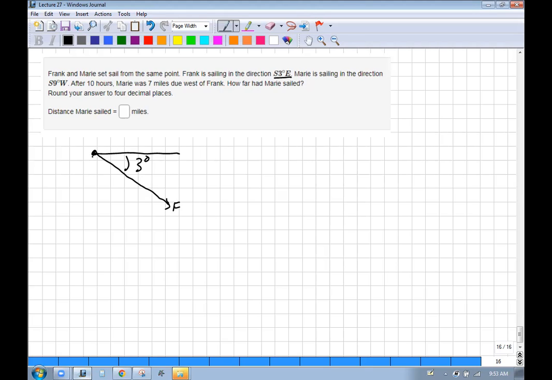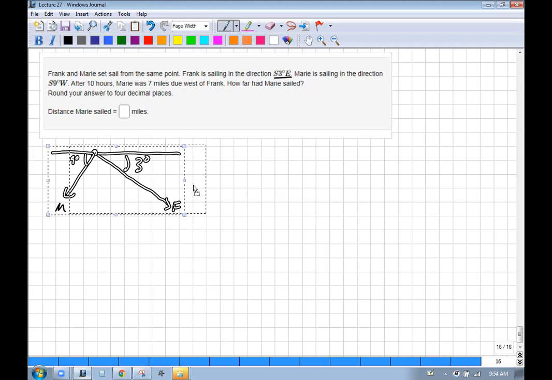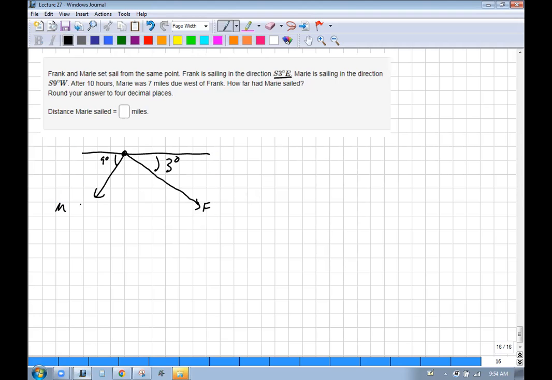Frank is going southeast at 3 degrees. Mary is going southwest at 9 degrees. So here's Mary. This is Mary's triangle. After 10 hours, Mary was 7 miles due west of Frank.